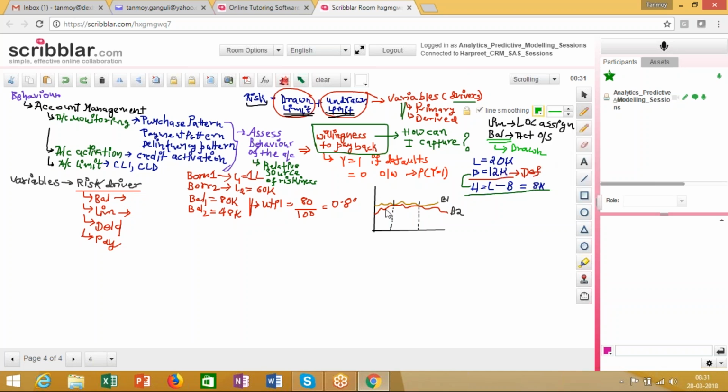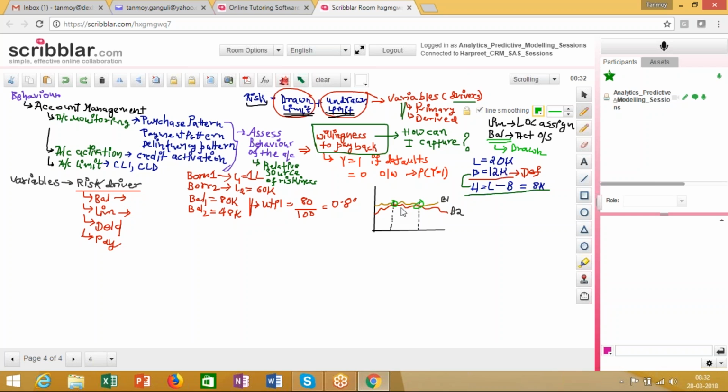So over here, this part and this part represent where the utilization has been the same in 2 months, but for the other periods, borrower one has had a higher utilization. So by looking into this graph, all I can see is that borrower one on average has a higher utilization than borrower two.